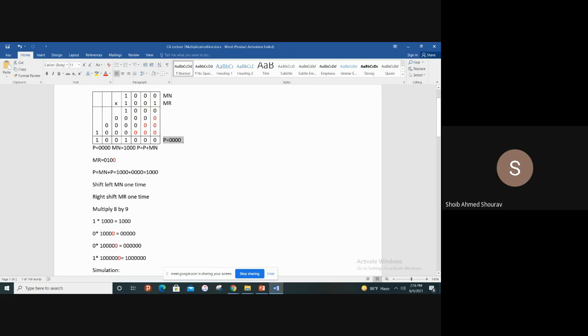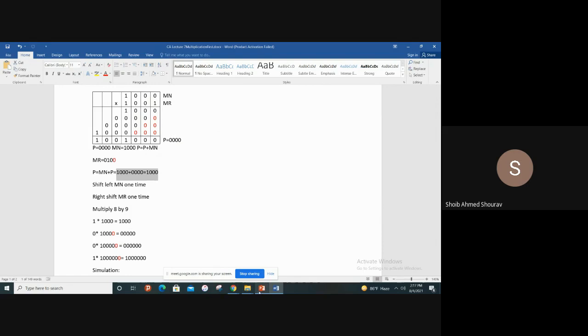Remember, the product is 0, p is 0, mn is 1000. If we do this calculation, p plus mn onto register p, what will happen? If we add these two numbers, mn and p, we are going to get this number. And this number is similar to this number, right? Yes, sir. So can we say without multiplying, we can get that output with only addition? Yes, sir.